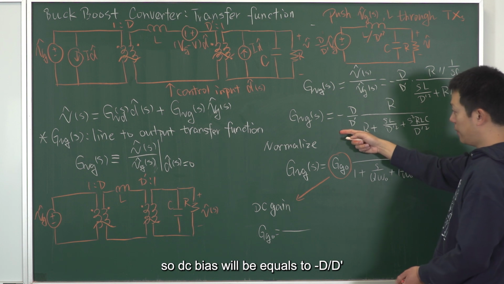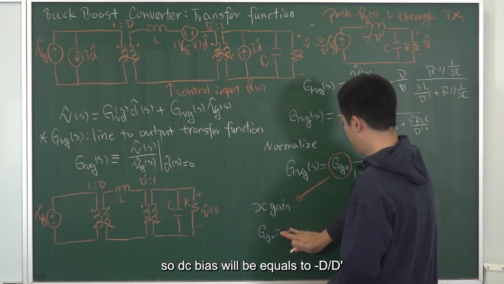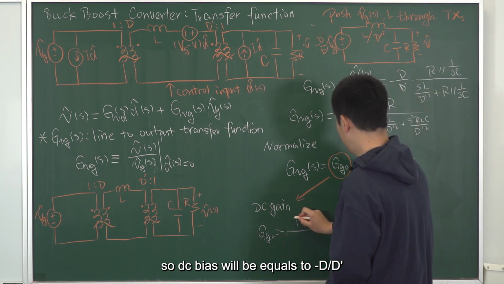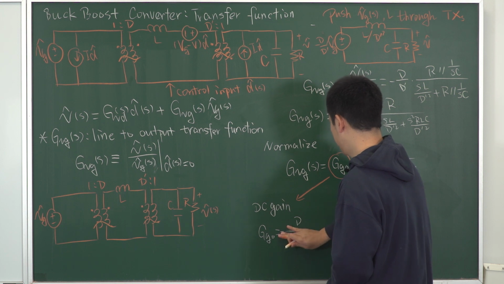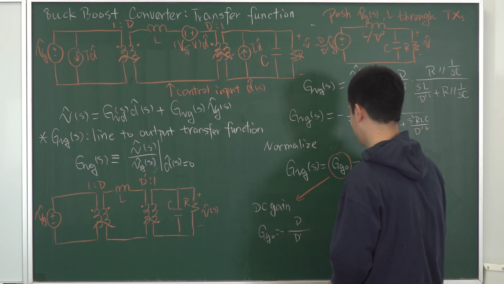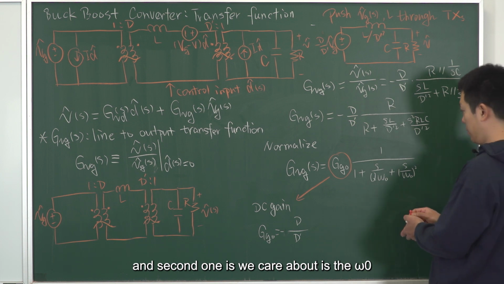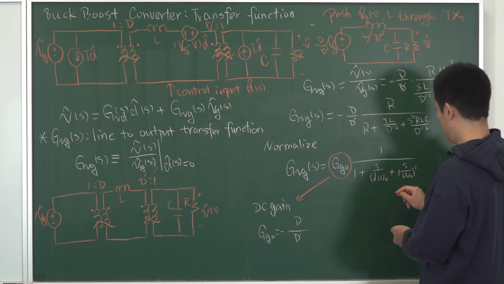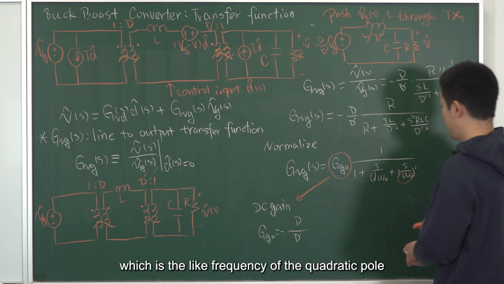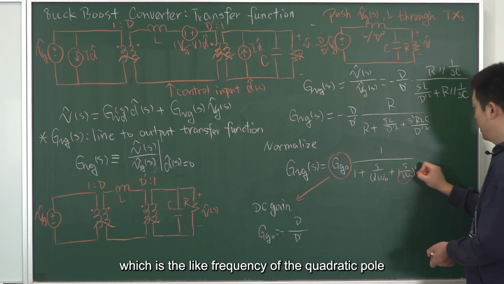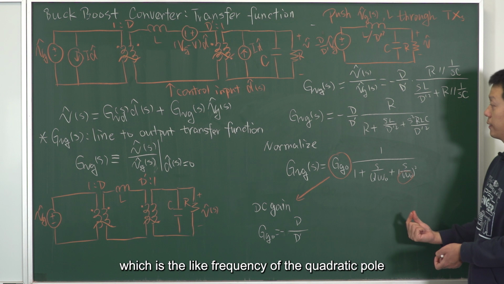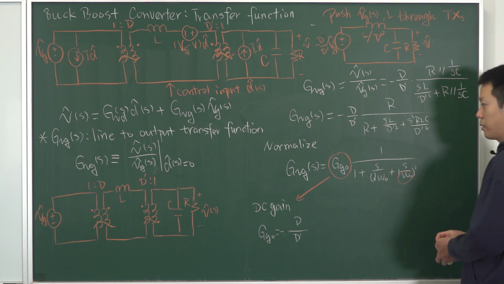So DC gain will be equal to negative d over d prime. And the second one we care about is the omega 0, which is the frequency of the quadratic pole, right? Frequency of the quadratic pole.